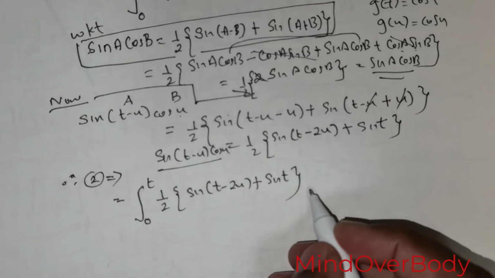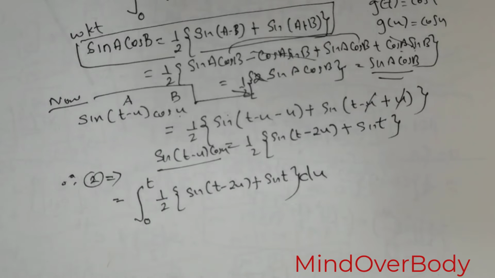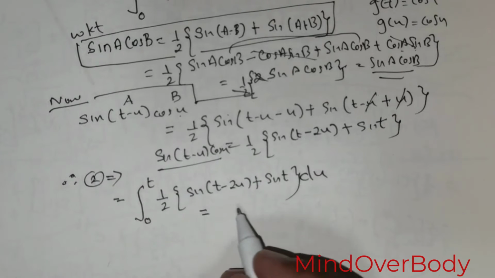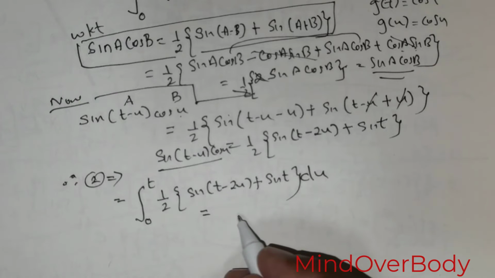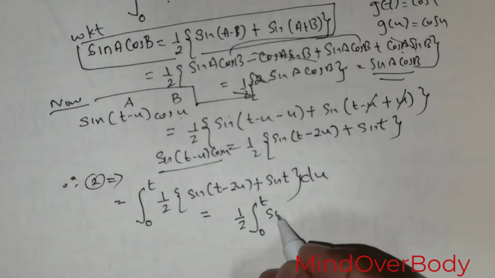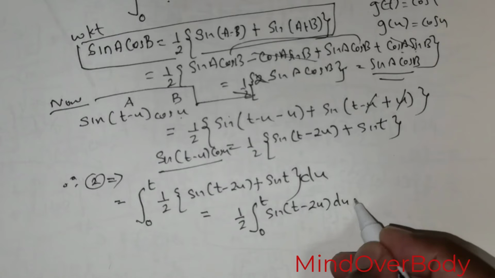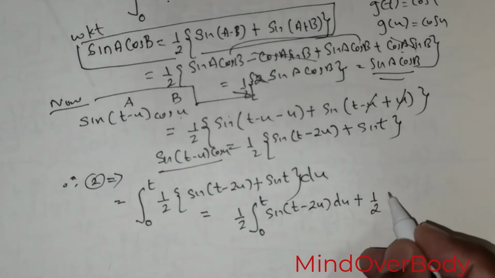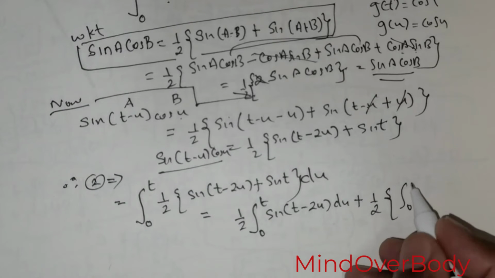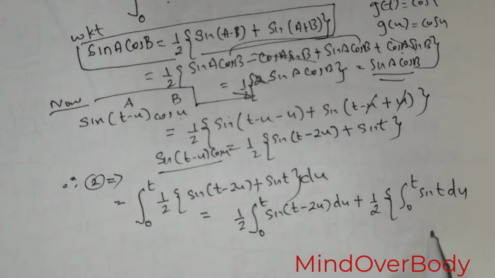Now this has to be multiplied with my du. Now you got a half there, so I can take the half out and rewrite this as integral 0 to t sine of t negative 2 times u times du positive 1 over 2 times integral 0 to t sine of t times du.